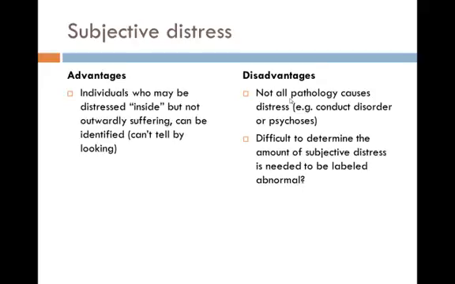Another disadvantage as it relates to subjective distress is the fact that there is sometimes difficulty in determining the amount of subjective distress, and so it's far more difficult for us to label that distress. So you take two people and you put them in the same room and you ask them to explain their symptoms, and one person might explain their symptoms in one way, another person might describe the exact same symptoms a totally different way.